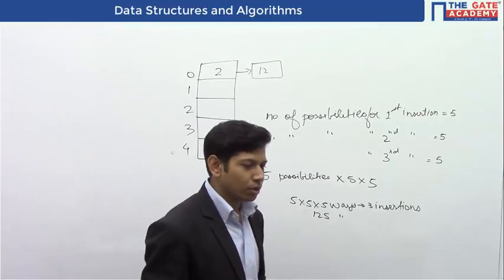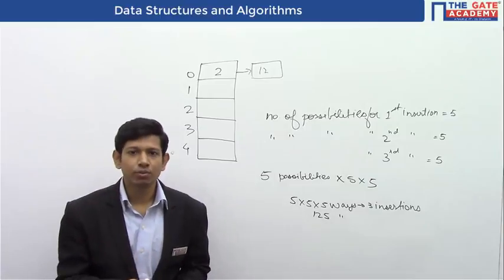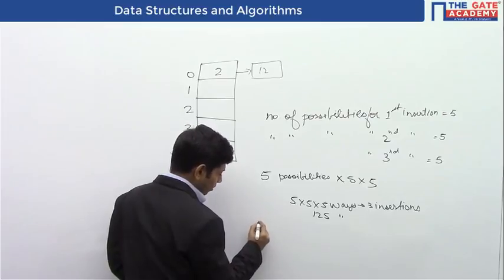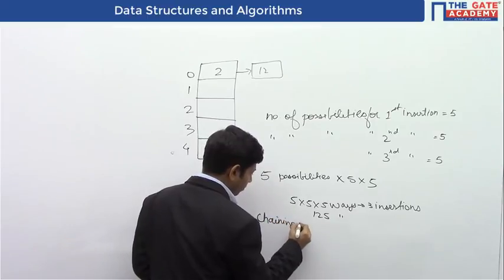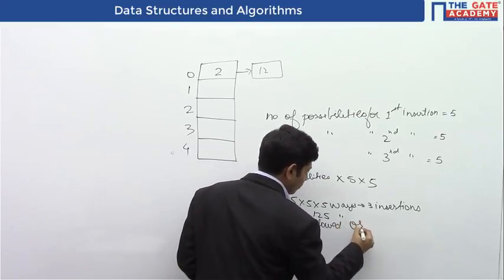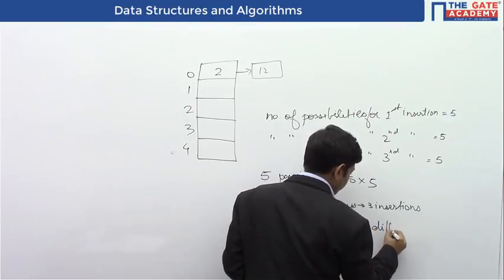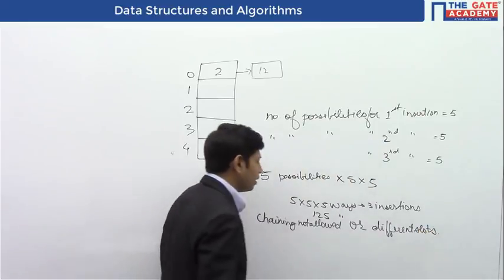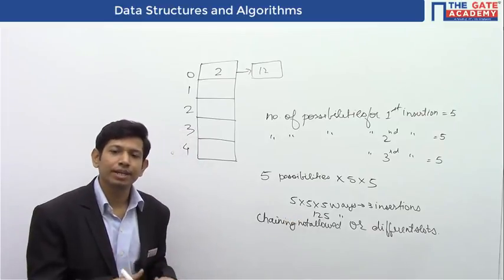If chaining was not allowed, for the first insertion, we would have had 5 possibilities.